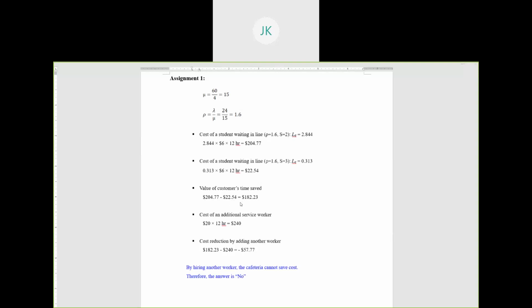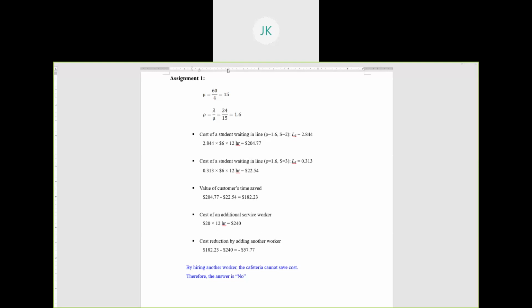So by hiring one more worker, this cafeteria can save $182.23. Save this much, but to hire one more clerk or worker, pay.